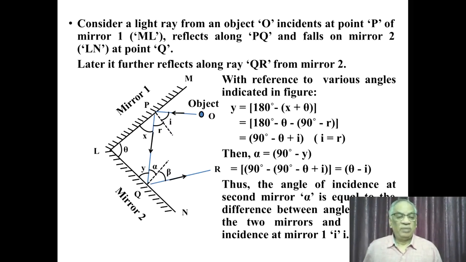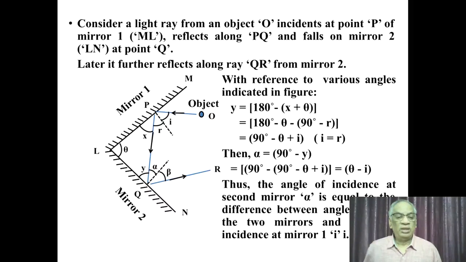But for obtaining y, consider the triangle LPQ. Because theta plus x plus y is 180 degrees, y is equal to 180 minus x plus theta, and x is equal to 90 minus r, that is 90 minus i. So you will get y as 90 minus theta plus i, because i is equal to r.